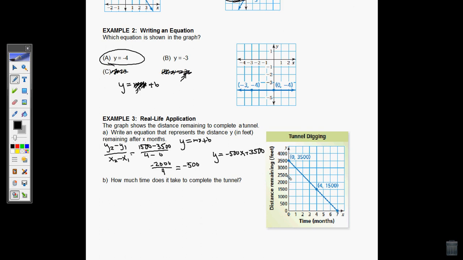I was showing you before, after 3 months, they had 2,000 feet left to dig. After 4 months, they had 1,500 feet to dig. After 5 months, they had 1,000. 6 months, only 500 left. After 7, they're done. They made it to the end. So it takes 7 months. And that's simply by interpreting the x-intercept.